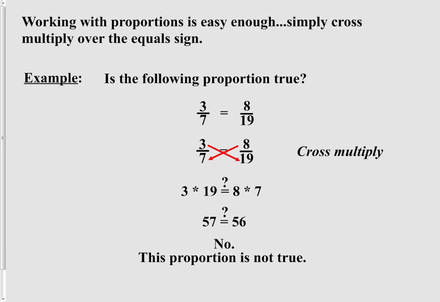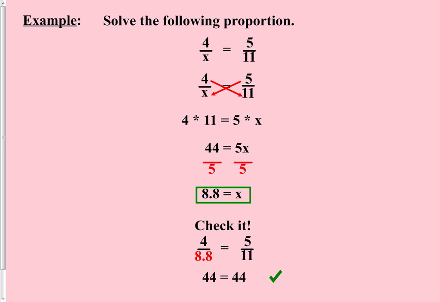Now, proportions can be used for a couple of different applications. We can decide if two ratios are in fact equal by cross multiplying and seeing if you end up with the same result on each side of the equal sign. If you do not, then your proportion was a bad one, and those ratios are no good. If it turns out the same, then the proportion was a good one, and the ratios were the same. Second thing we can do, and this is what we use them for in similar polygons more than anything else, is we use them to find a missing piece of information.